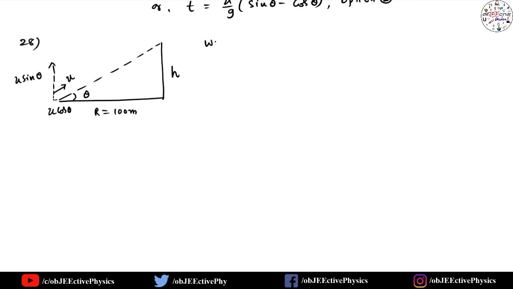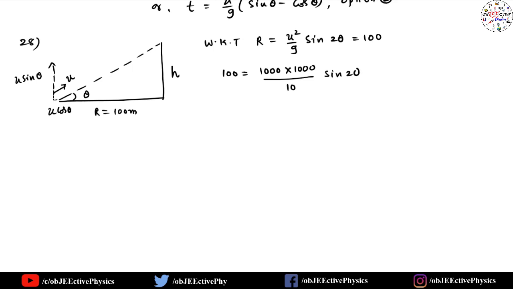So, we know that range r is equal to u square by g into sin 2 theta, that is given 100. So, 100 is equal to u, also given in the question, 1000 into 1000, u square is there, divided by g, which is also given, 10, into sine 2 theta. Here 10, 1, 0 cancel, 100, 100 cancel.